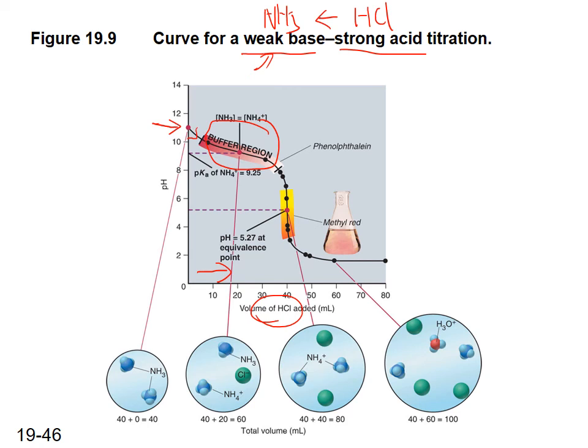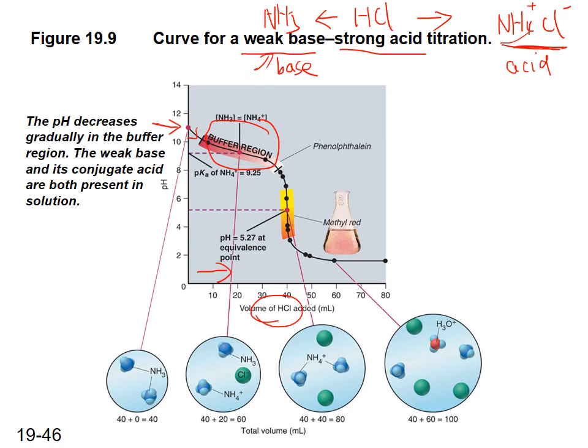Here, ammonia reacts with hydrochloric acid to form ammonium chloride, and the ammonium ion is the conjugate acid of the weak base ammonia. So in the solution there is a mixture of ammonia, the weak base, and its conjugate acid, ammonium, and therefore it's a buffer region, and the pH decreases gradually in this region.